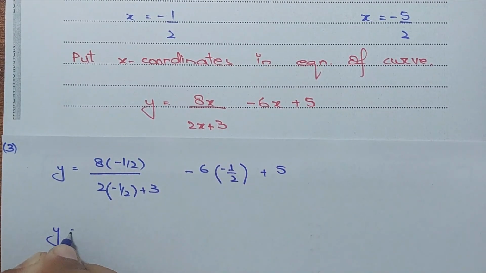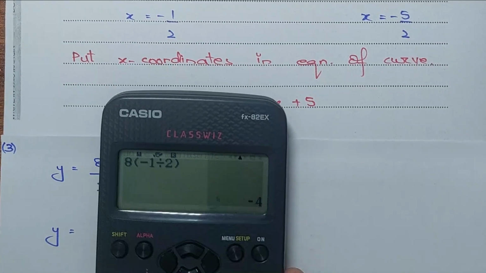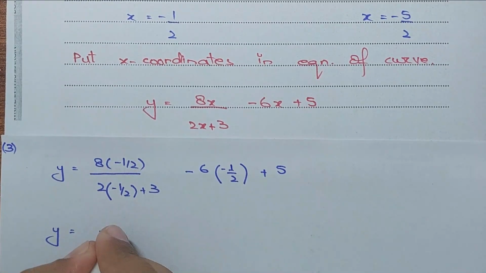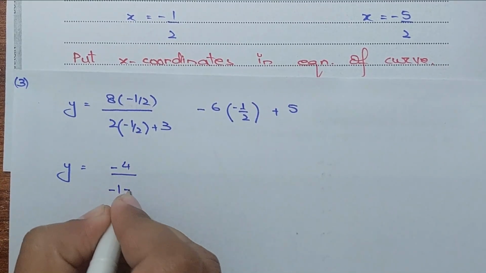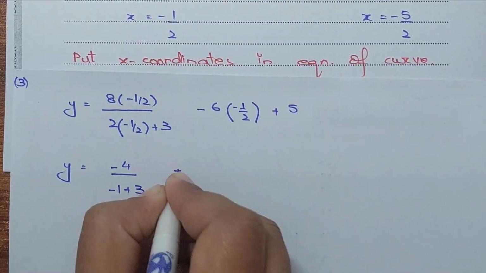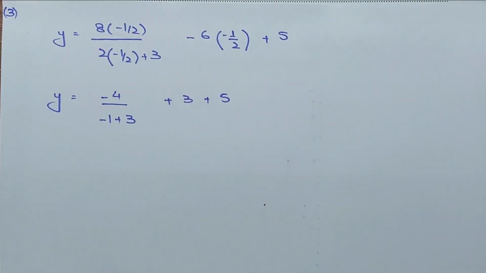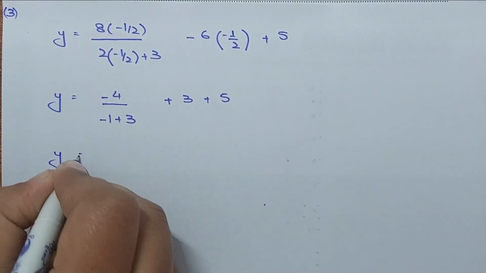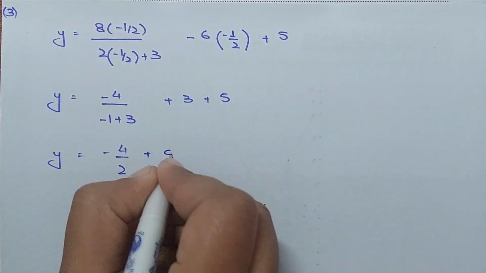So y would be equal to 8 into minus 1 by 2, negative 4, divided by 2 is cancelled with 2, negative 1 plus 3. This is plus 2 times 3 is 6 plus 5. Further simplification, y would be equal to minus 4 divided by 2 plus 5, 6, 7, 8.